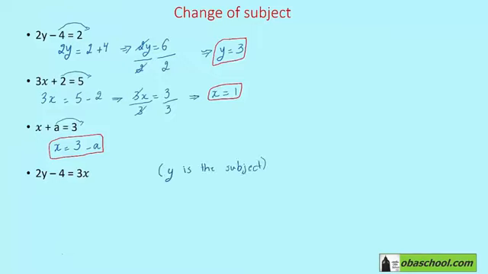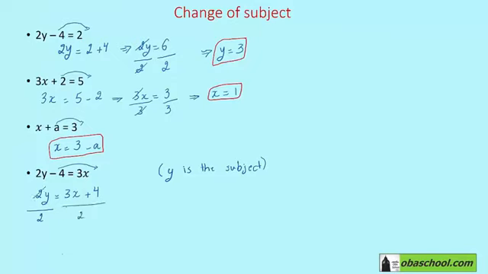y is the subject. So first things first, get rid of the minus 4 that is right next to the 2y through adding 4 to both sides of the equal. So it's going to be 2y equal to 3x plus 4. And now we need to get rid of the 2 that is right next to the y through dividing both sides of the equal by 2.